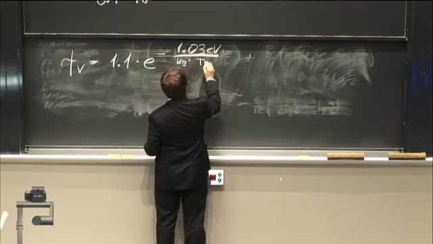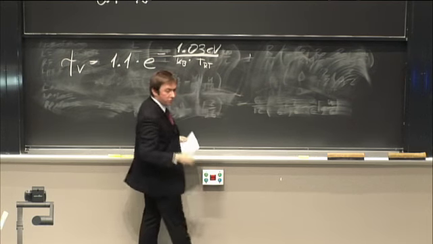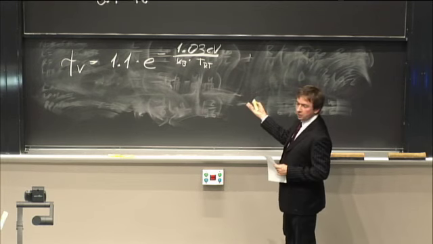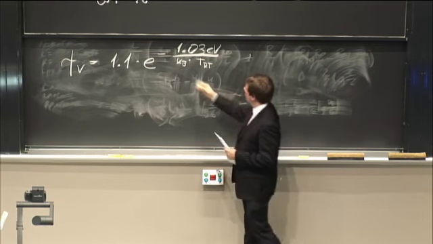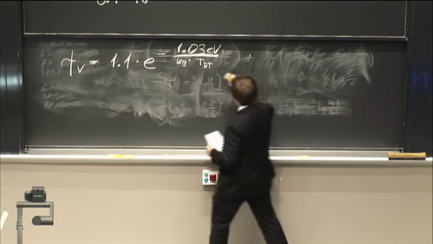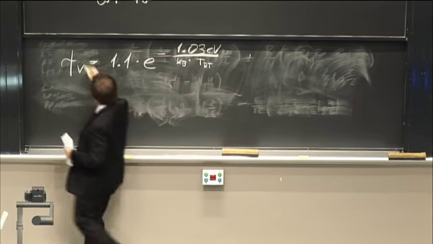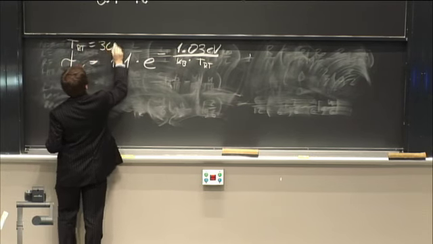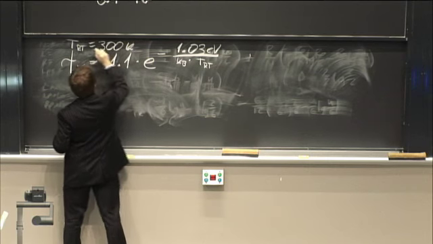So T, room temperature, and room temperature is about 300 K. So when we put in all these numbers, it's just a matter of calculating, right? This is on your sheet of constants. This is a temperature, which we choose.